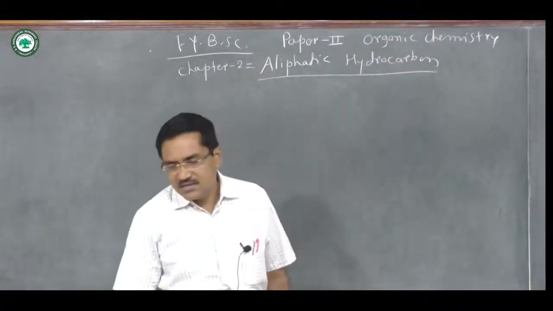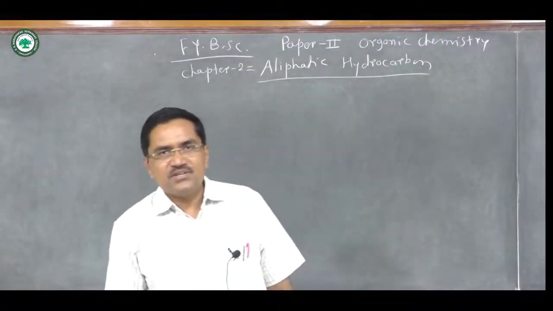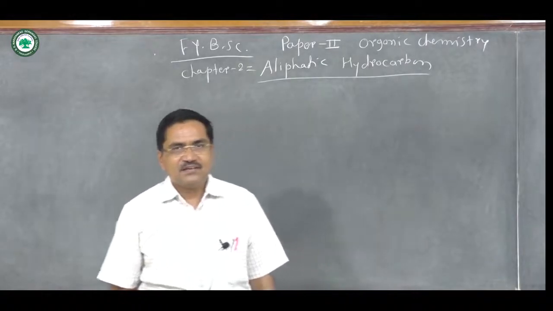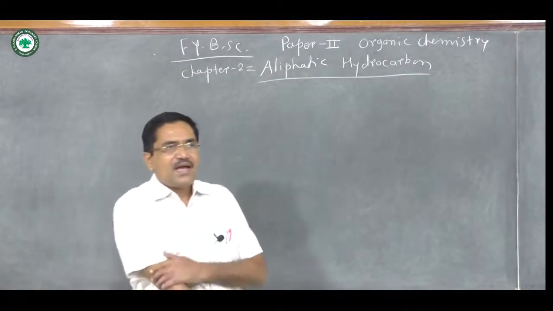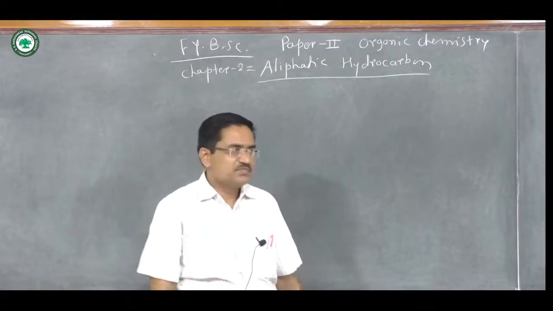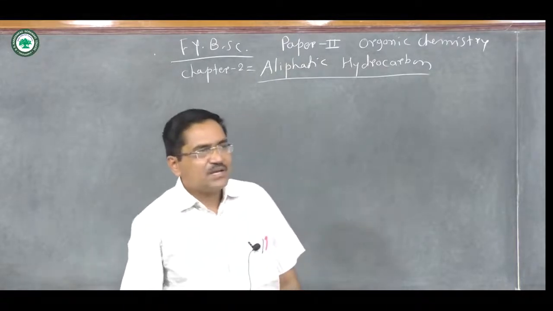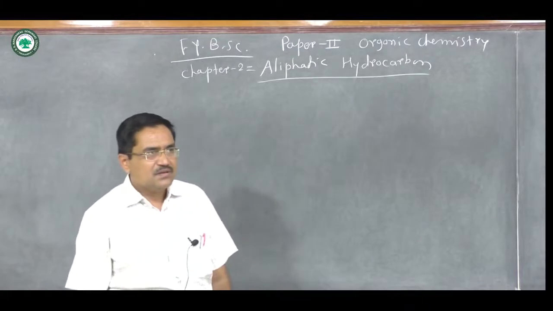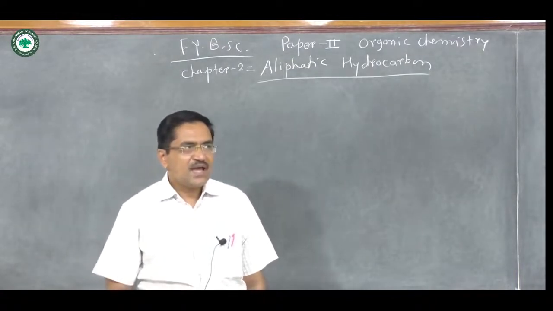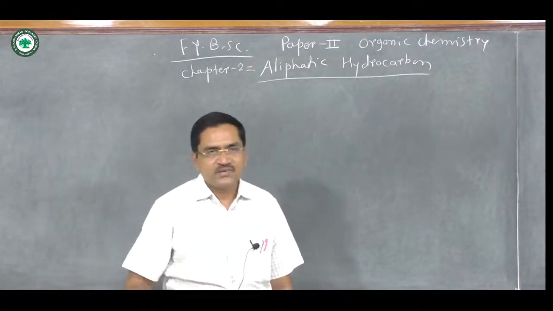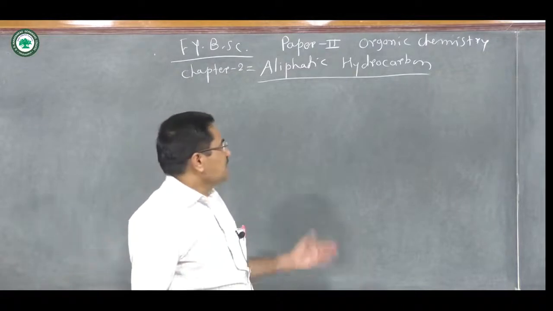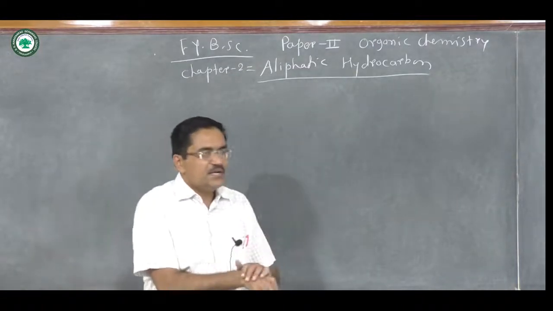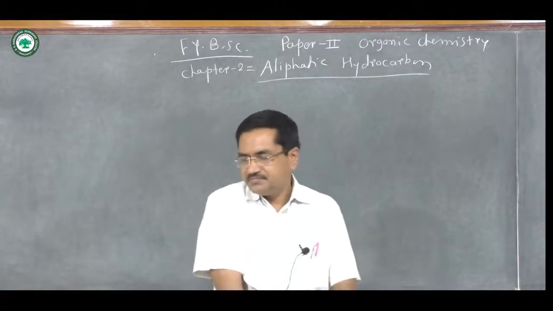Last period we already discussed the difference between aliphatic hydrocarbon and aromatic compounds. Aromatic compounds are those compounds which have the benzene and resemble nucleus. Aliphatic compound is different from aromatic compound.